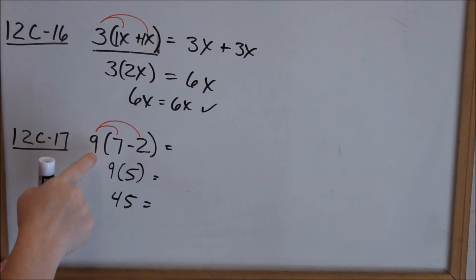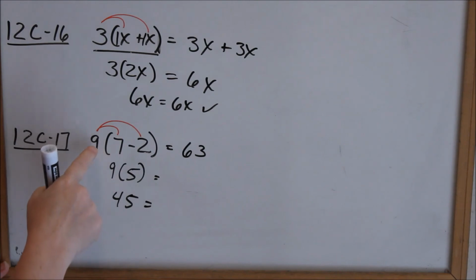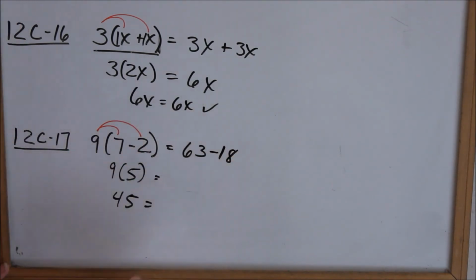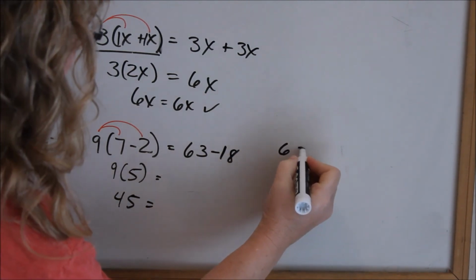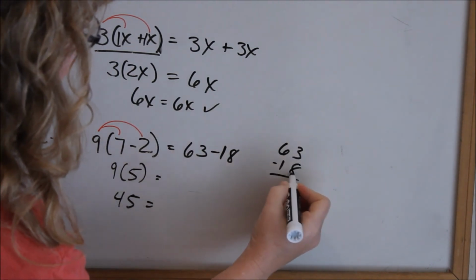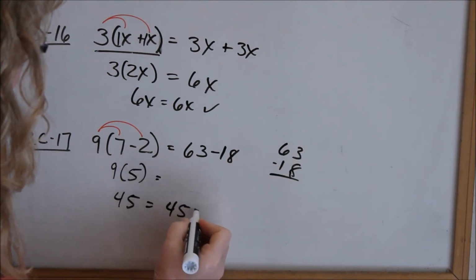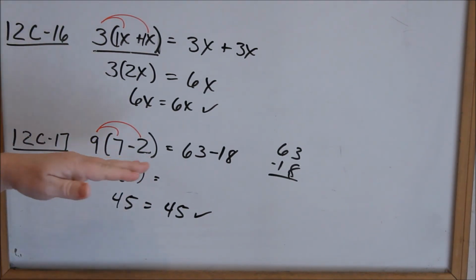So now let's distribute. 9 times 7 will be 63. 9 times a negative 2 would be a negative 18. And then 63 minus 18, if you go through all your math and you do your borrowing, then you will find out that 63 minus 18 is 45. So all we did is prove that distributing really is true and that you can distribute and get the same answer.